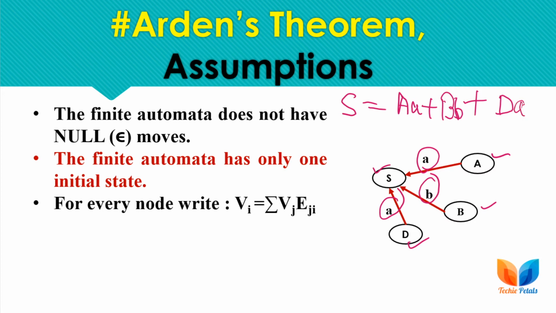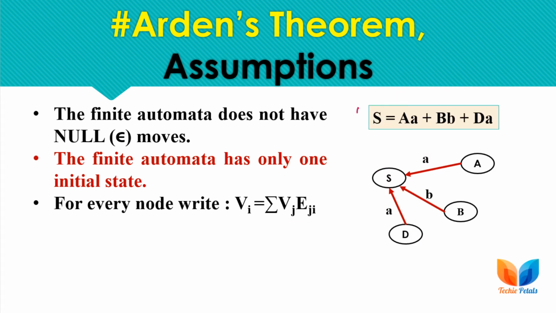So this is the way how we write that summation, means from all incoming states with one incoming input symbol, we will be writing this type of expression for every state. So this is the clear format of the equation. As we have three incoming, so we have written three expressions here, right?